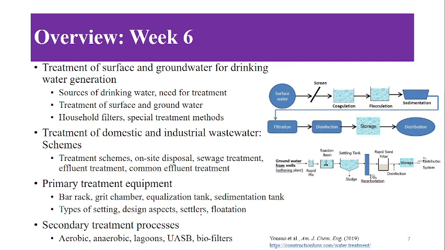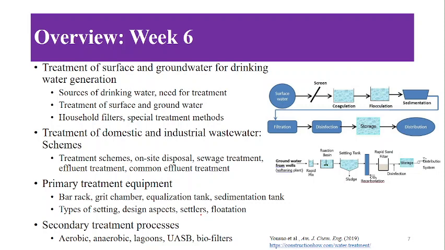Next, for the sixth week, we saw the treatment of surface and groundwater for drinking water generation. In this, different sources of drinking water and the need for their treatment were discussed. Different sources can generate drinking water which has pollutants of different degrees and different types.